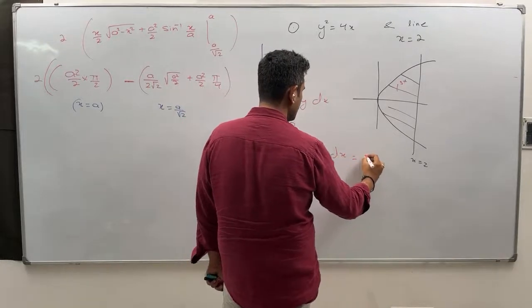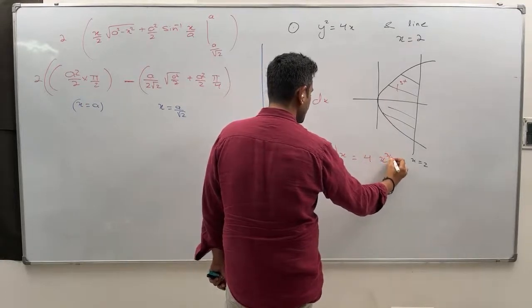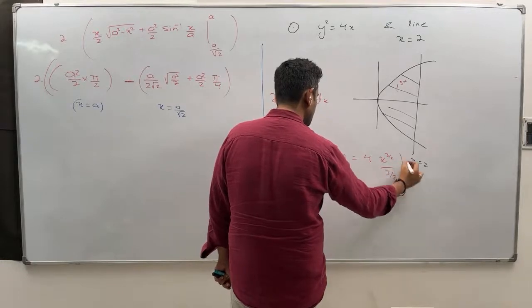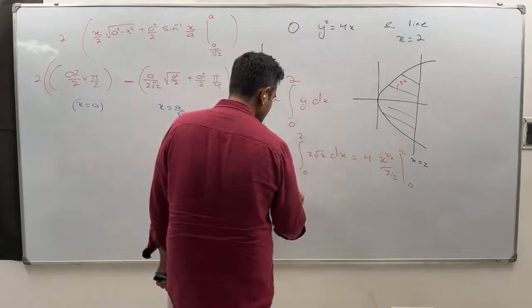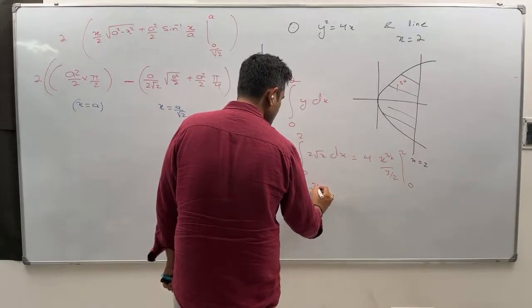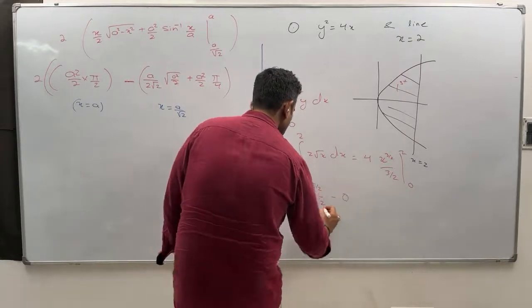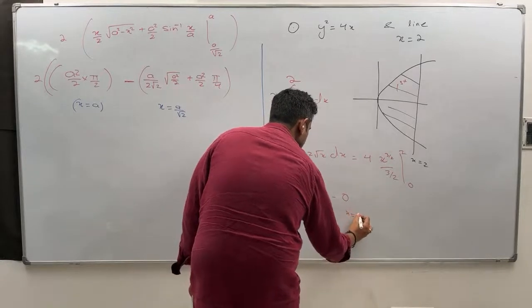Now this will be 4 times the integral of root x, which is x power 3 by 2 divided by 3 by 2, and the limit we have to put from 0 to 2. So when we put the limit, we'll get 4 times 2 power 3 by 2 divided by 3 by 2 minus 0. This is when we are putting x equal to 2. This is when we are putting x equal to 0.